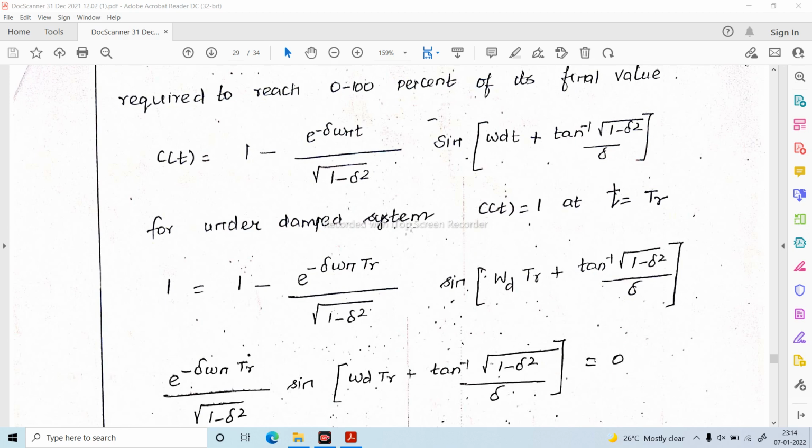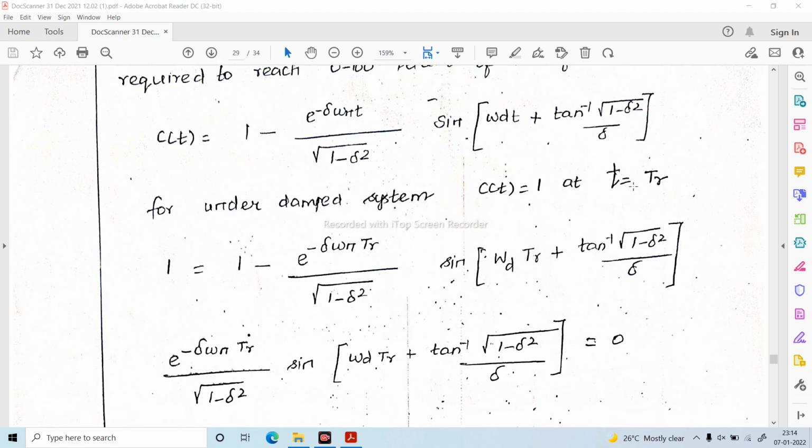For an underdamped system, t equals tr, the rise time, where C of t equals 1. The response of the system is 1, or 100%. So 1 equals 1 minus e power minus delta omega n into tr divided by square root of 1 minus delta square, sine of omega d tr plus tan inverse square root of 1 minus delta square divided by delta.